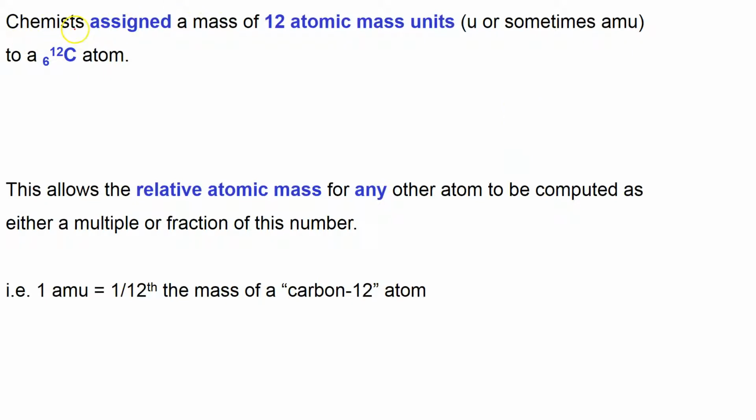How we came up with this mass scale was we said that the carbon atom that has 12 particles in its nucleus, what we call a carbon-12 atom, has a mass of exactly 12 atomic mass units. Then every other atom's mass was computed as a fraction or a multiple of this number. So an atomic mass unit is just 1/12 the mass of a carbon-12 atom.